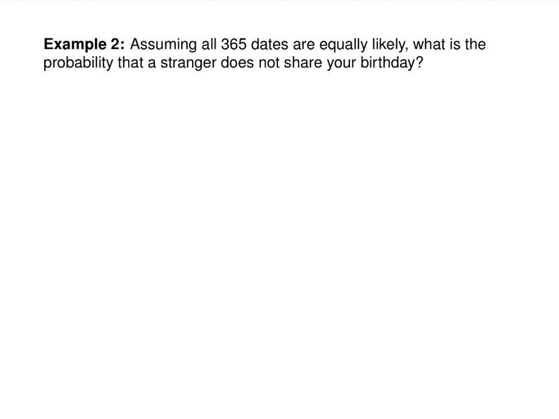Okay. Assuming all 365 days are equally likely, we're not going to talk about leap years, what is the probability that a stranger does not share your birthday? 364. Okay, how about the probability that they do share? 1 in 365.